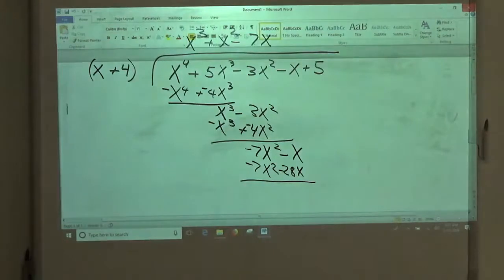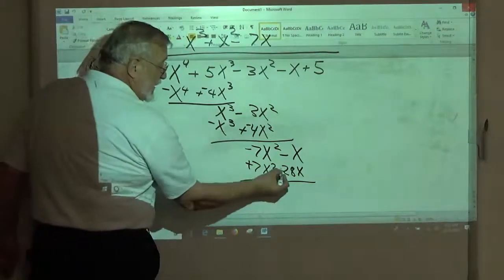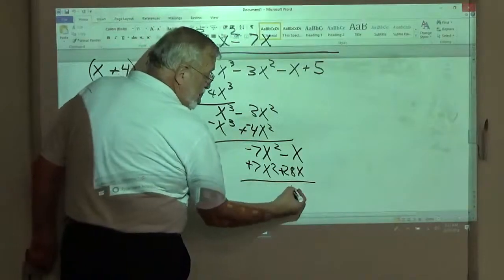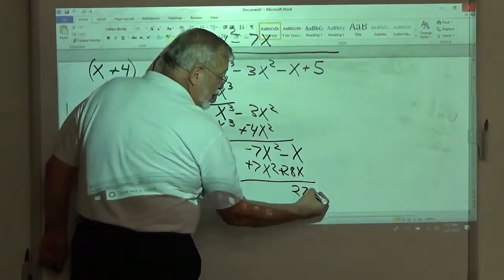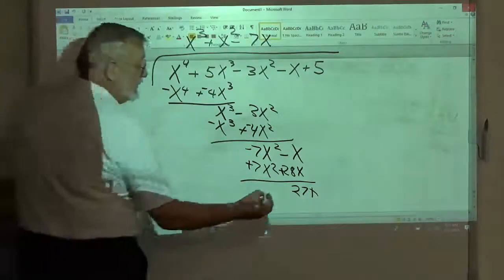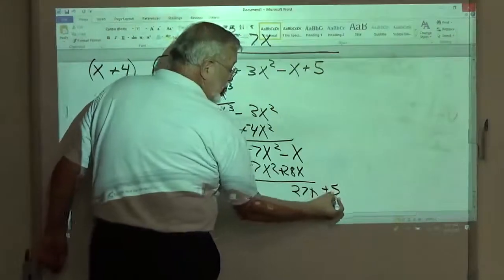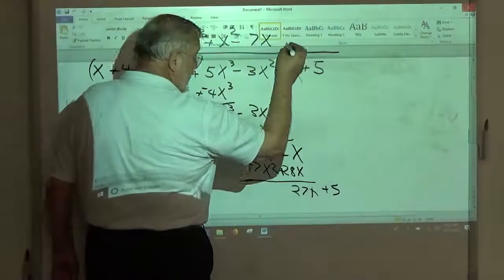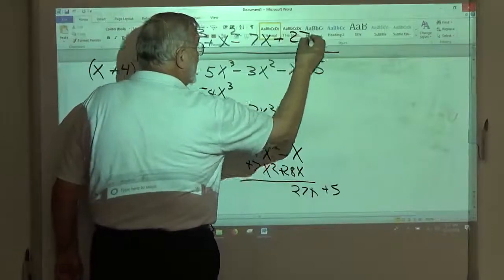Okay. Next step is what? Change the sign. So this becomes plus and that becomes plus, that's 0, and now this becomes 27x. Bring down the plus 5. And in order to be able to do that, I'm going to multiply by plus 27.